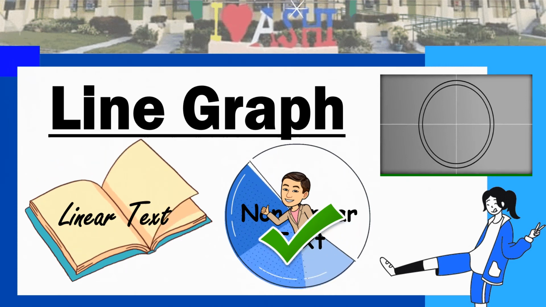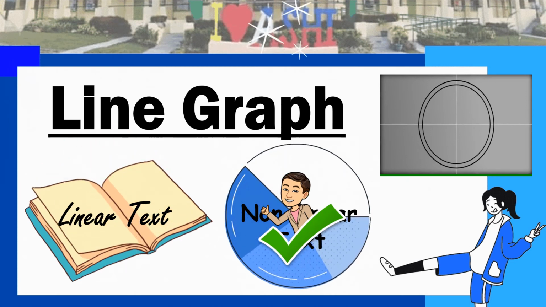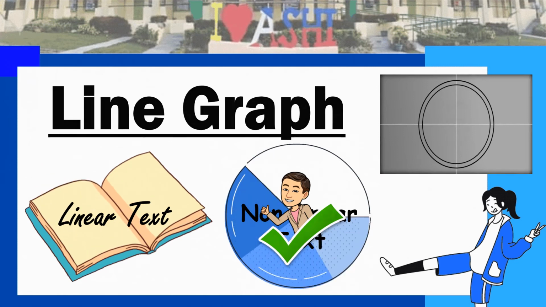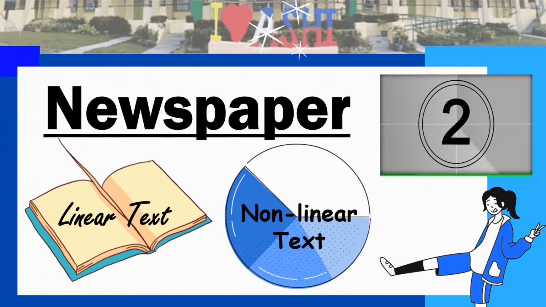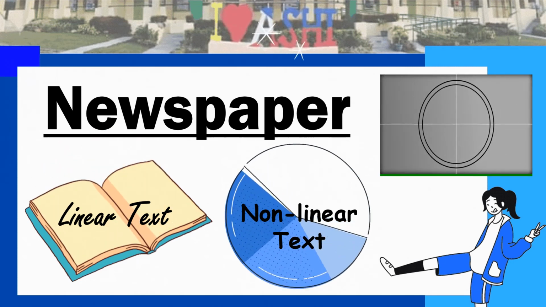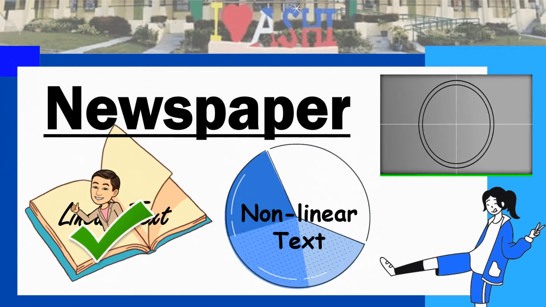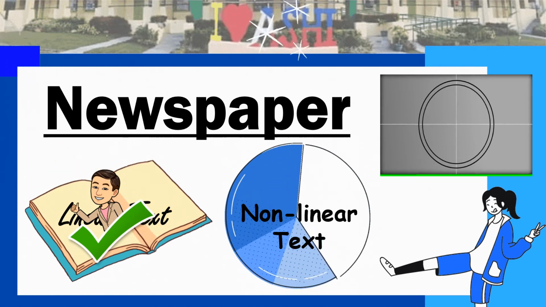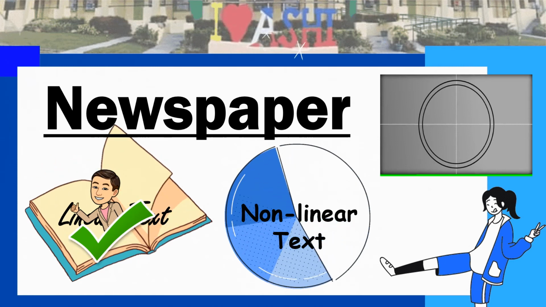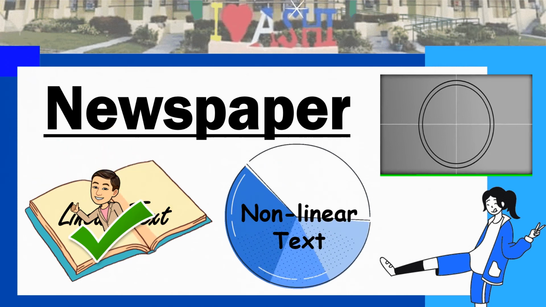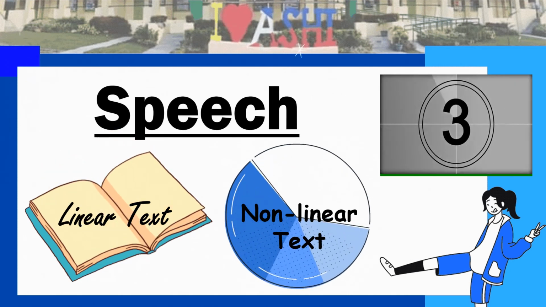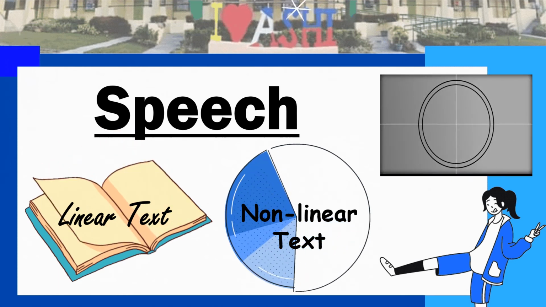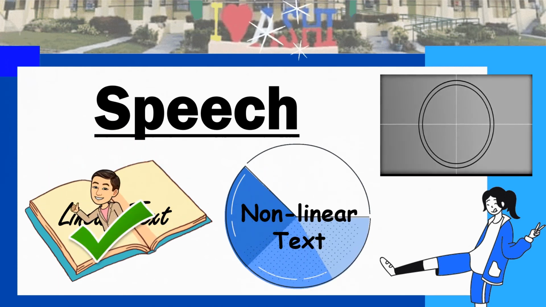Line graph is a nonlinear text, correct? While newspaper is a linear text. That's great! Speech is a linear text.